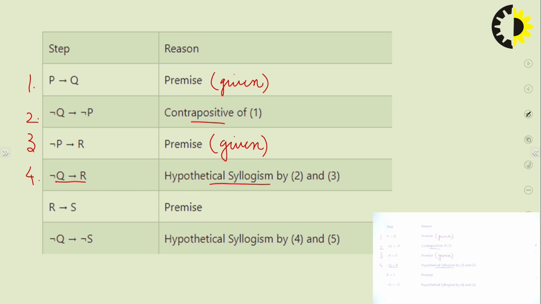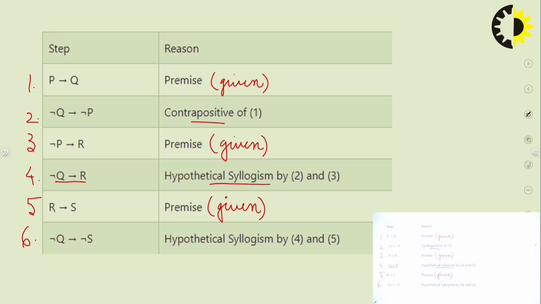Now, the fifth step, I have this premise R implies S. This is already given to me. Now, see, step 4 and step 5: not Q implies R, R implies S. So, we can directly write not Q implies S. We are writing this by applying hypothetical syllogism on step 4 and 5.